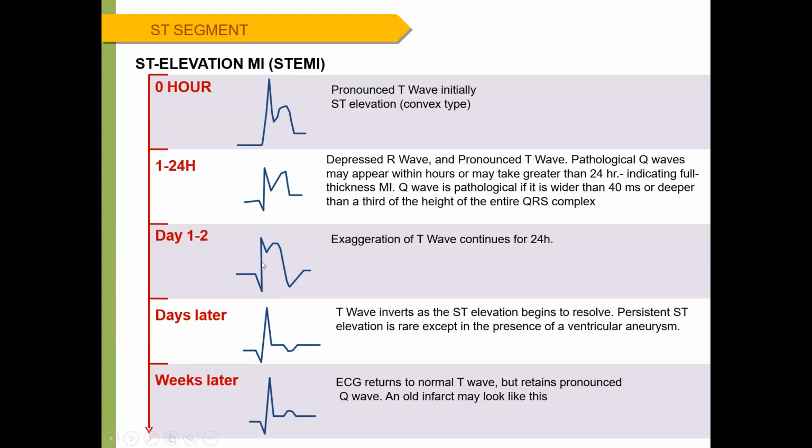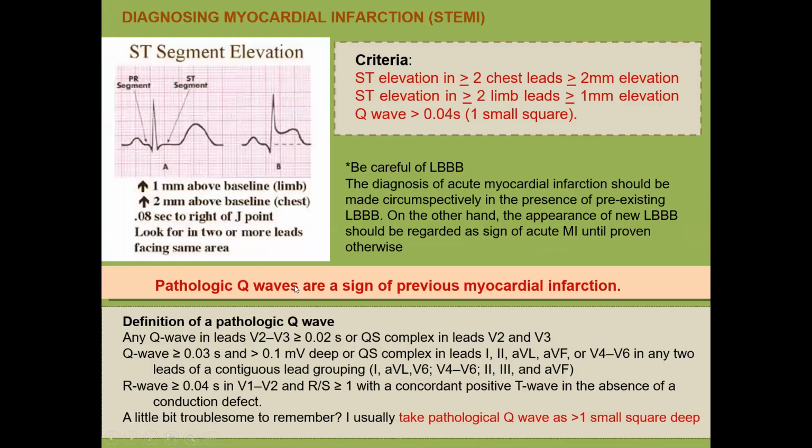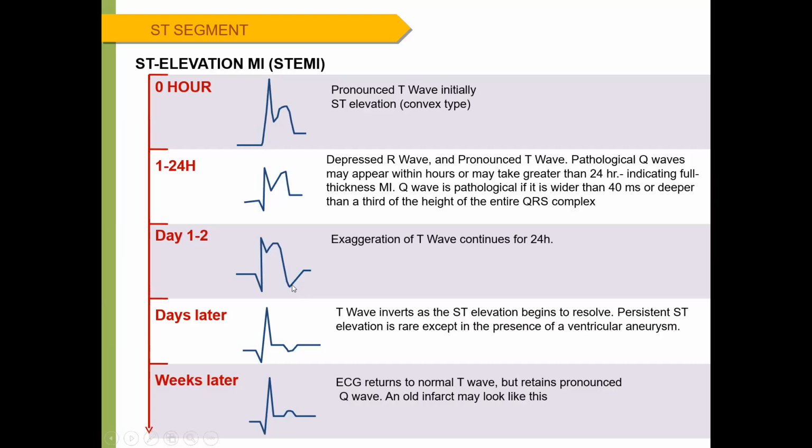Gradually there is development of the Q wave, and the T wave starts to decrease and invert, and then gradually the ST segments settle down. The Q wave is there. In the long-standing stage, only the Q wave is the presentation, but the T wave may return to normal. These are the ECG changes of MI.